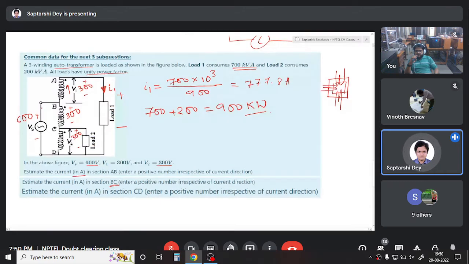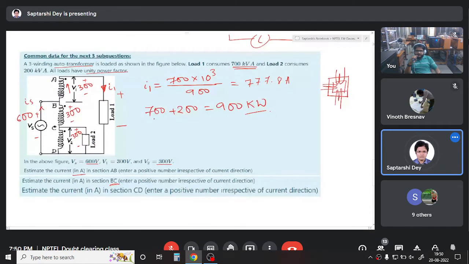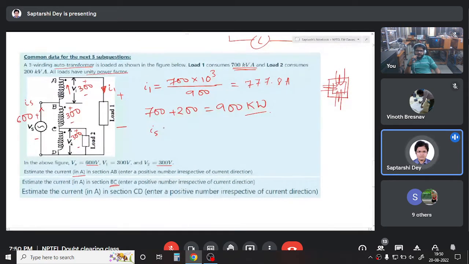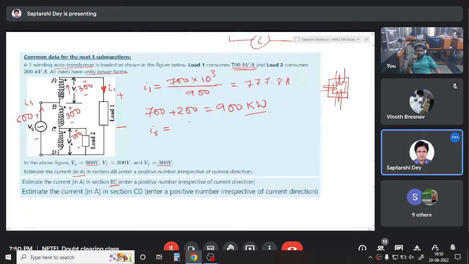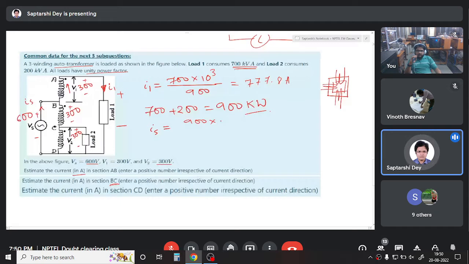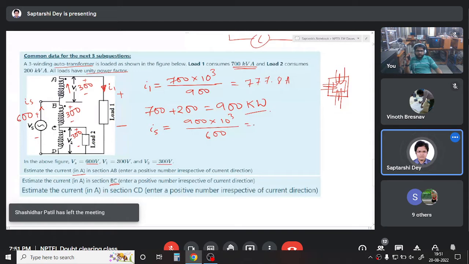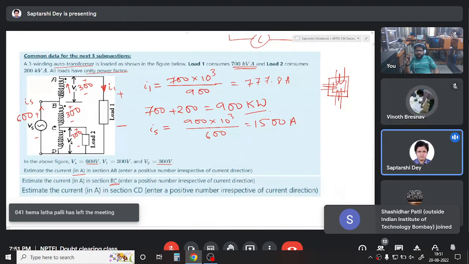So the source current, if I write it as IS, will be 900 kilowatt divided by 600 volt. It will be 1500 ampere. So I have 1500 ampere coming here. I have 777 ampere going out.